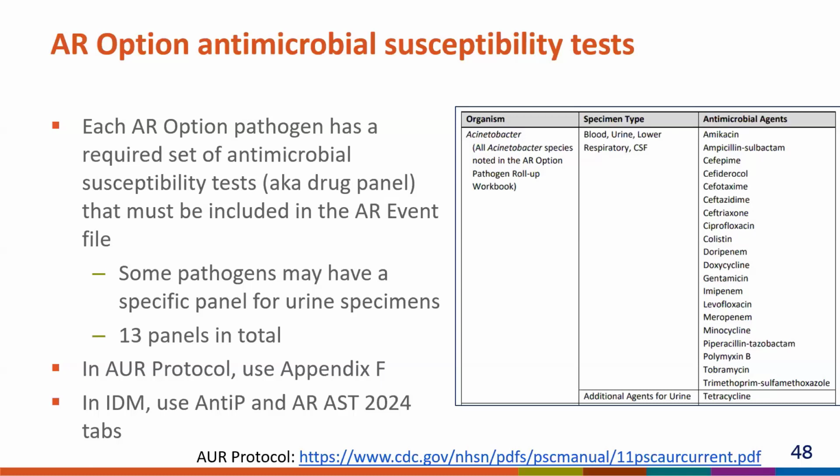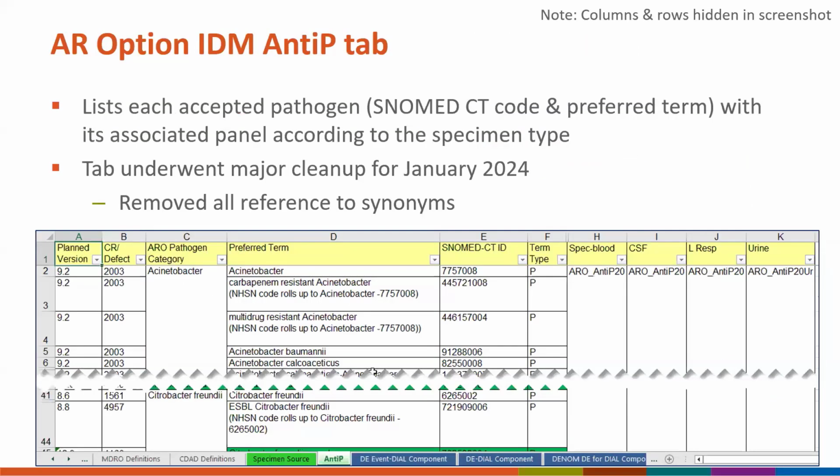Specifically, we're going to refer to the anti-P and the AR-AST 2024 tabs. So first, let's cover the anti-P tab. This tab in the IDM lists each accepted pathogen with the SNOMED CT code and the preferred term with its associated panel according to the specimen type.